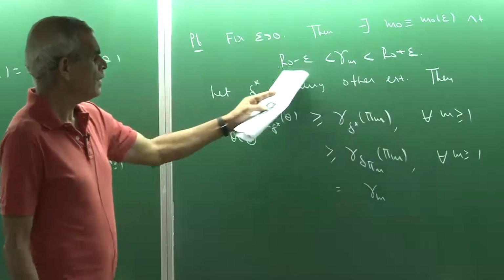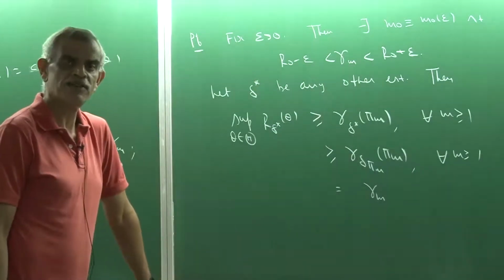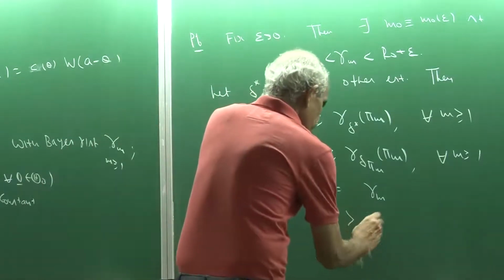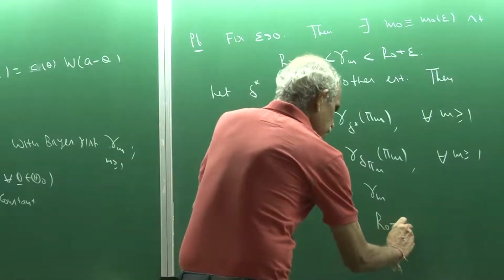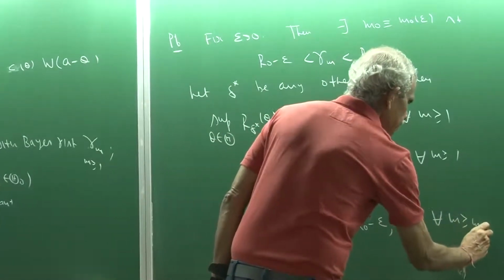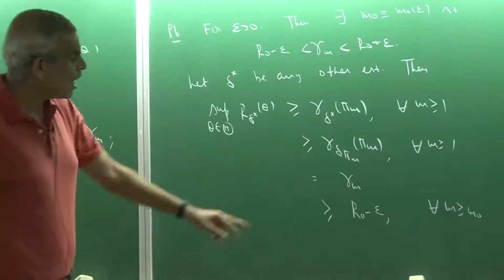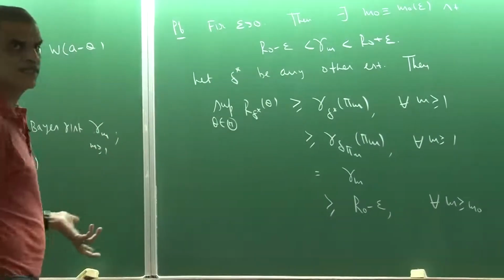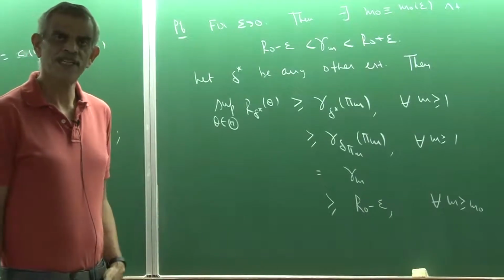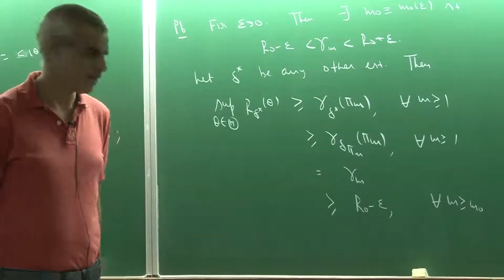But Rm is always greater than R naught minus epsilon for all m greater than or equal to m naught. So this is always greater than or equal to R naught minus epsilon for every m greater than or equal to m naught. But R naught is the constant risk of delta naught. So that means the supremum risk of delta naught is also R naught, because delta naught has a constant risk.